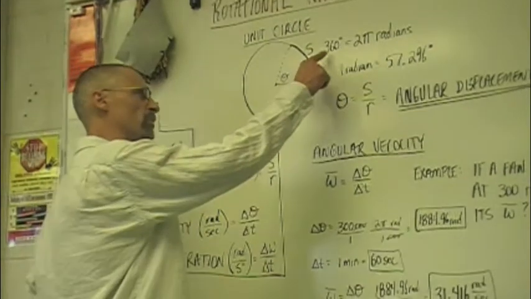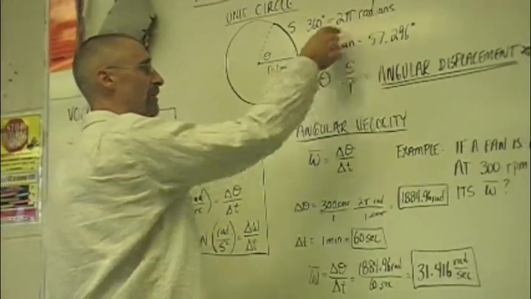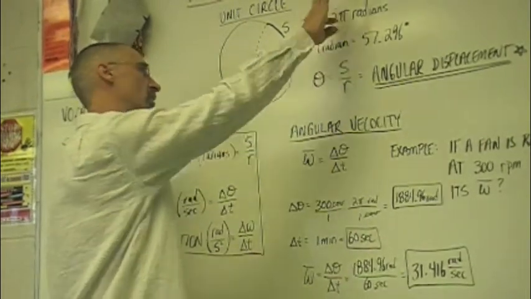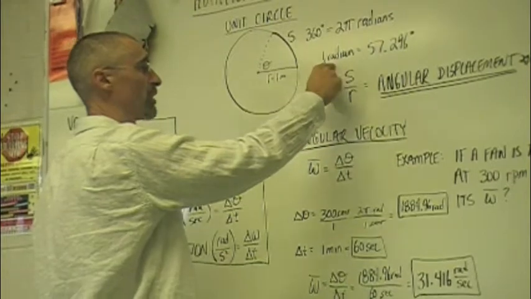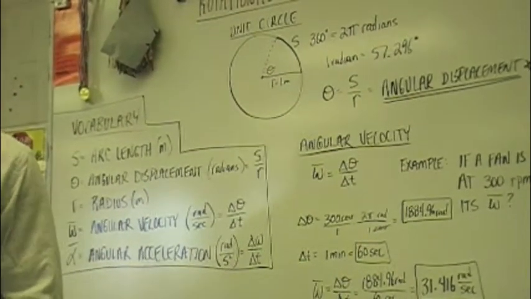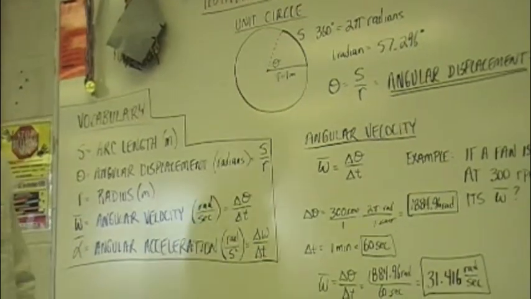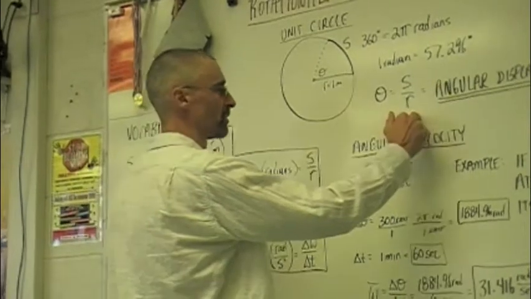So as a review, there's 360 degrees in a circle, which equals 2 pi radians. So if we divide 360 by 2 pi, we come up with 1 radian is about the same as 57.296 degrees.